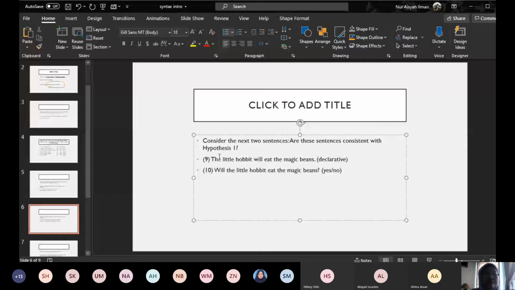If we think about the hypothesis just now, it says the second word of the declarative will go to the front when we form the yes no question. In number 10, this did not happen because the second word is little, but little didn't go to the front. In fact, if you say little, the hobbit will eat the magic beans.